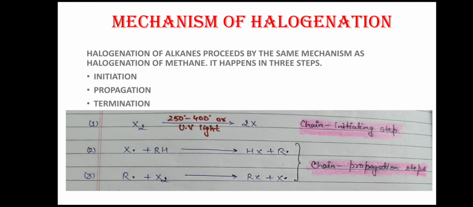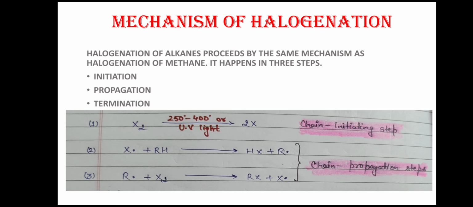So first we have to take any halogen, heat it or expose it to UV light, which is the chain initiating step. We convert X2 into 2X, and we get the radical form of the halogen, X radical.